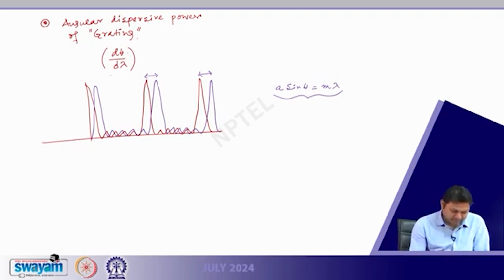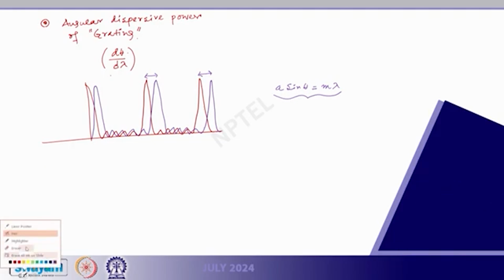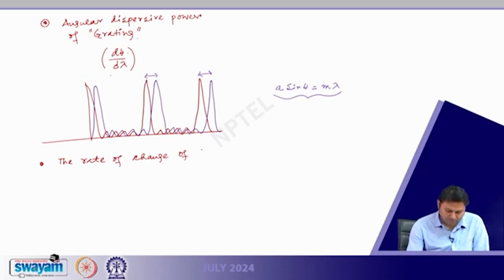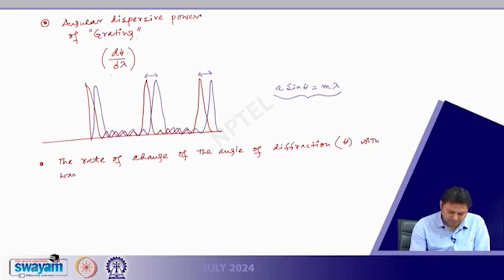So, the rate of change of the angle of diffraction, that means I am talking about the theta, with wavelength lambda.